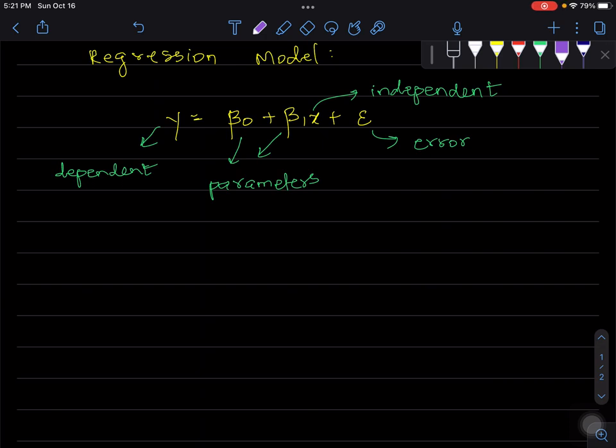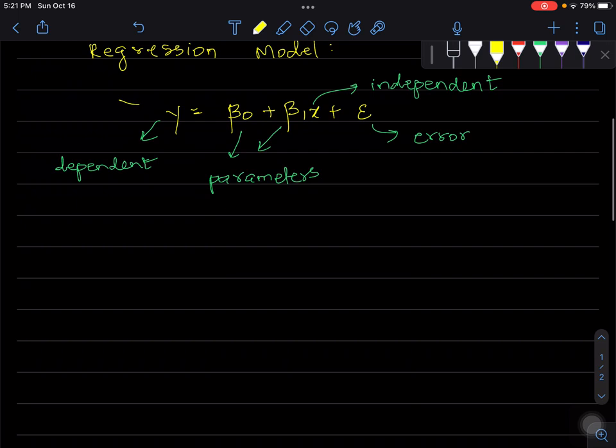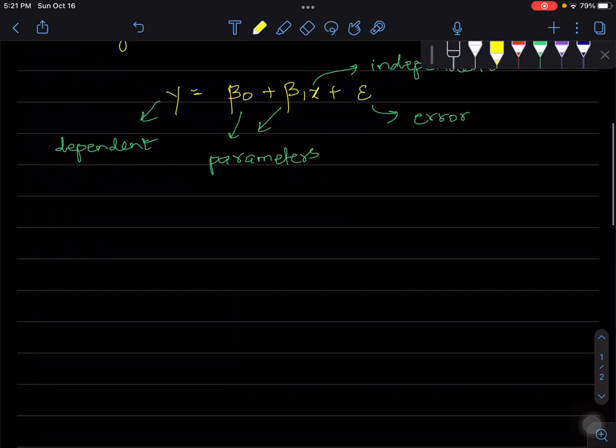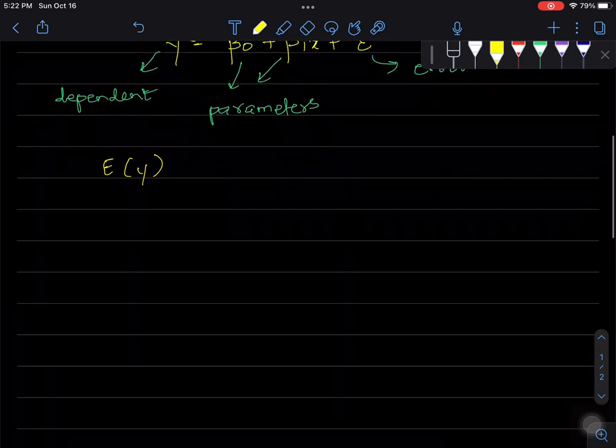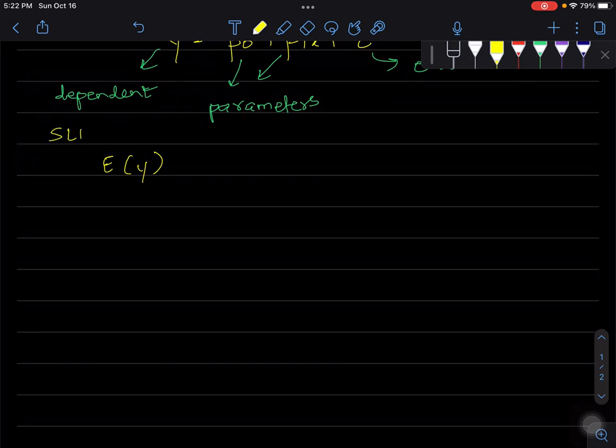Now, since there are different restaurants, each restaurant is going to have an expected value of sales, which is the expected value of y. We denote that by E of y. The equation that gives the relationship between x and the expected value of y is called the simple linear regression equation.